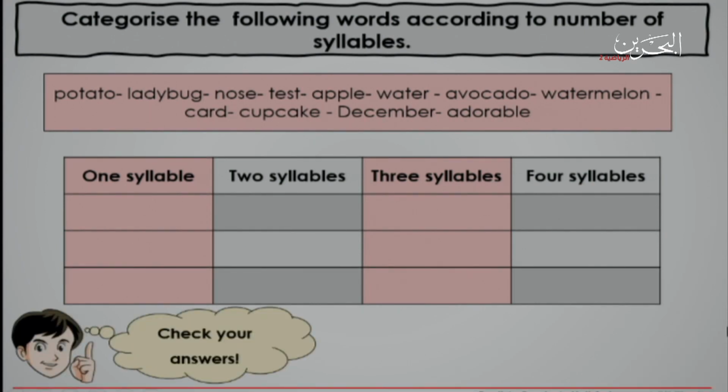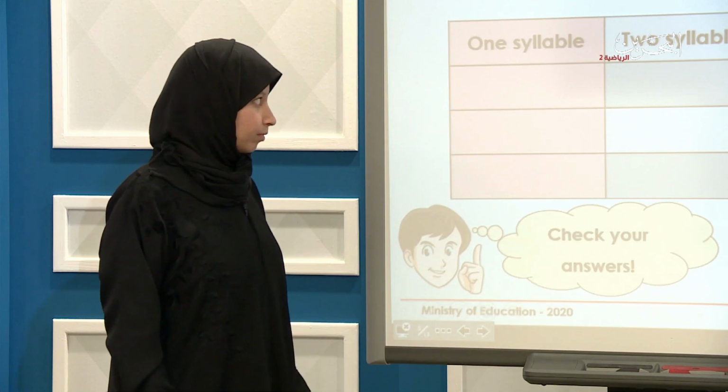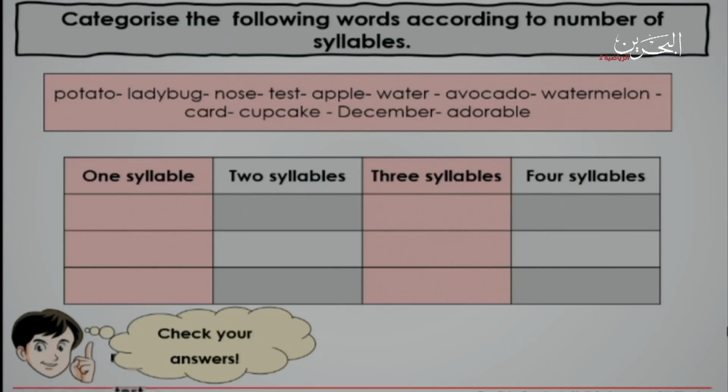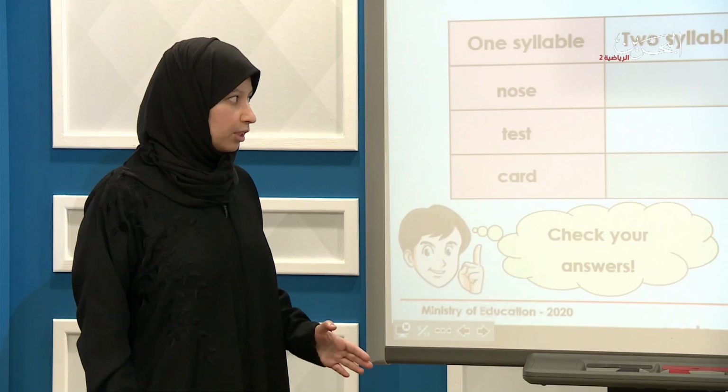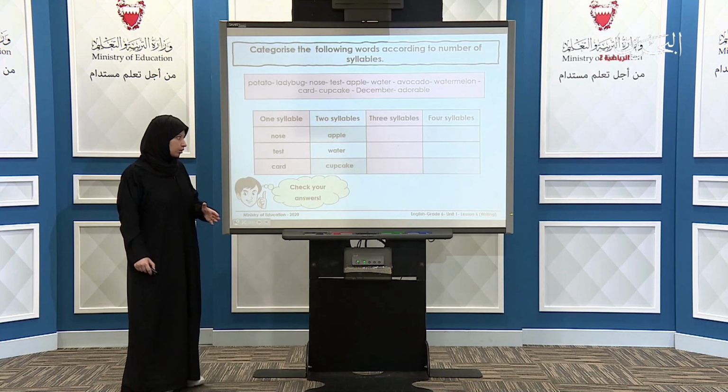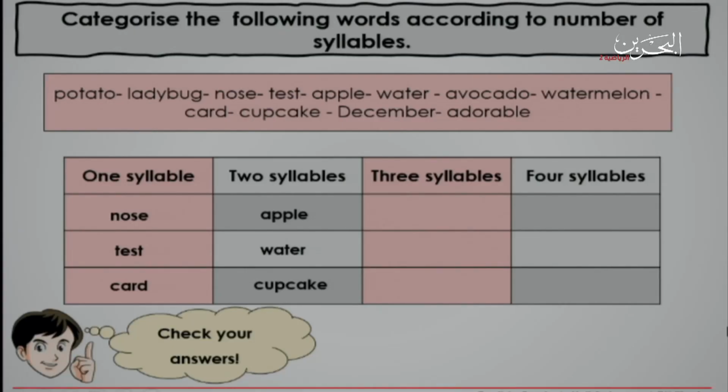Now, let's check your answers. Words with one syllable are nose, test, card. Two syllables, apple, water, cupcake. Three syllables, potato, ladybug, December.